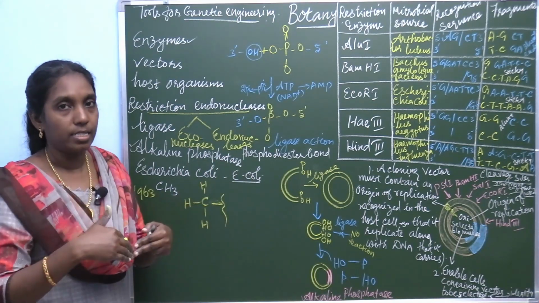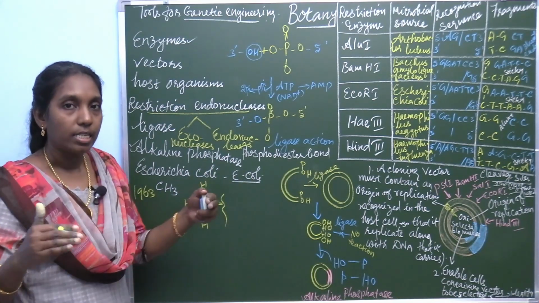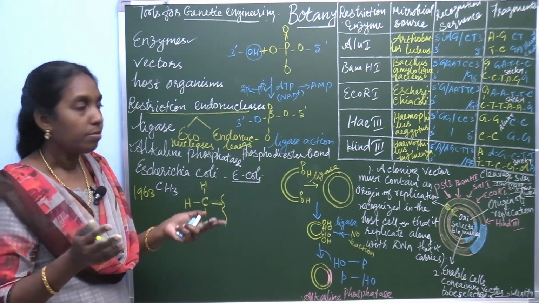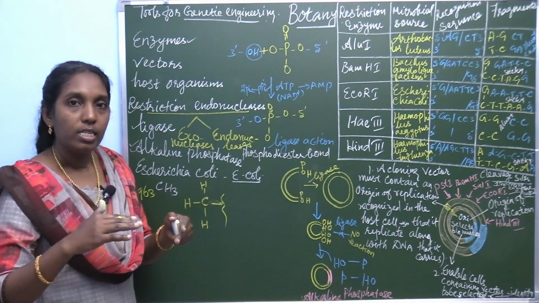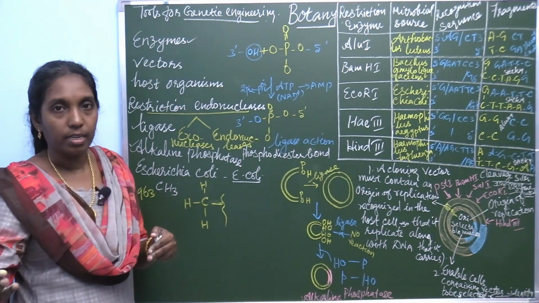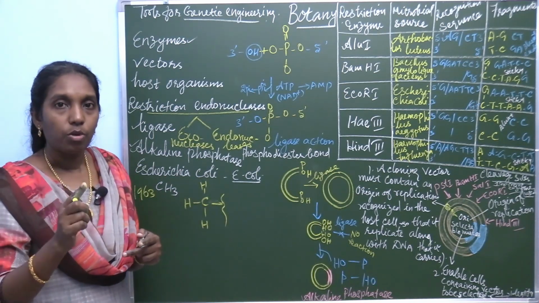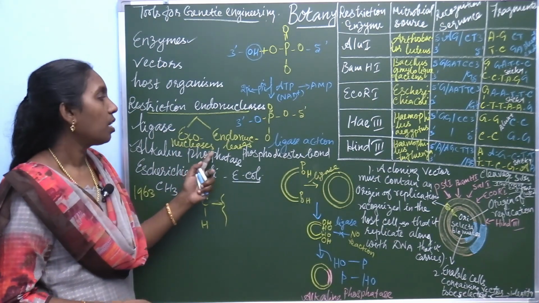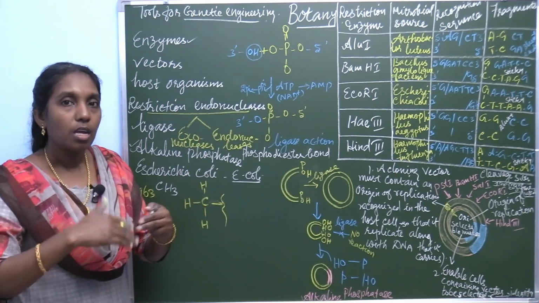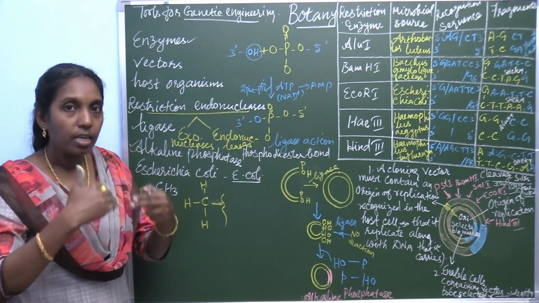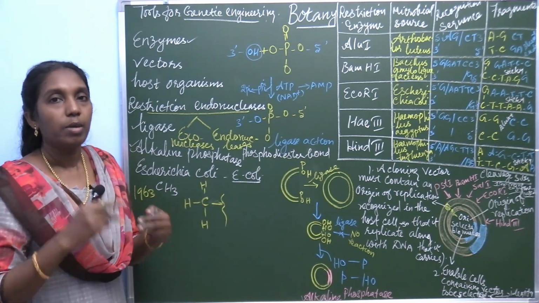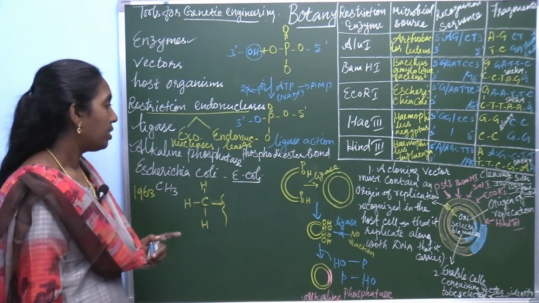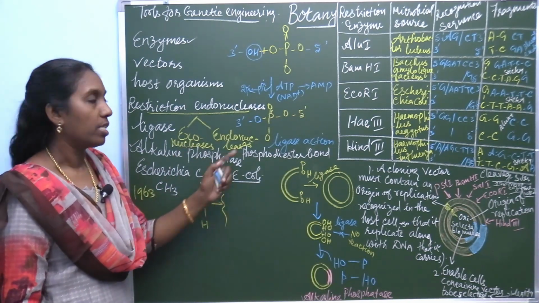Endo means inside, so within the nucleotide sequences it cuts. So, there are two restriction enzymes. One cuts outside, at any one end of the sequence, that is exonucleases. Endonucleases cut the DNA sequence internally. Based on its mode, it is classified into two different types, exonucleases and endonucleases.